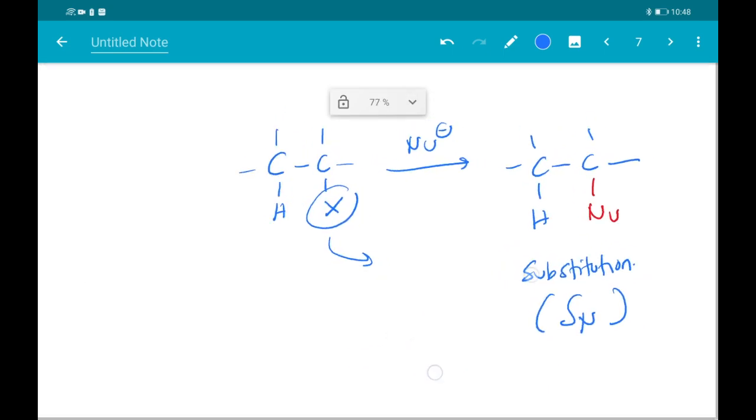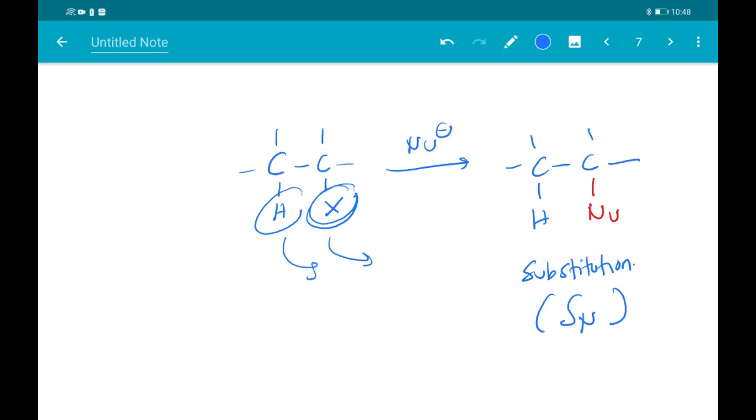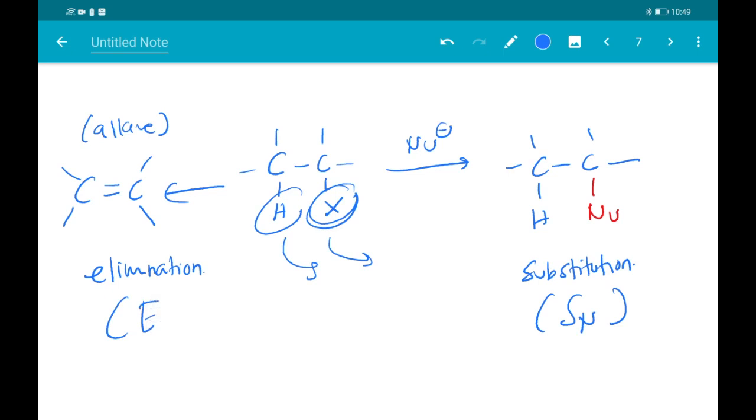Another option is that the X and also the H will be eliminated, and it's going to form a C double bond C, meaning that it's going to produce an alkene. This reaction will proceed in the elimination mechanism, or it can be abbreviated as E.